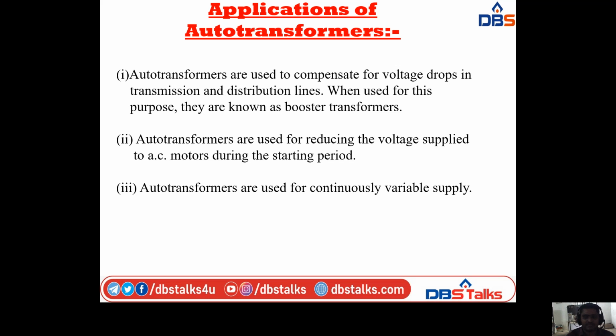Auto transformers are used for reducing the voltage supplied to AC motors during the starting period, and for continuously variable supply. So these are the different applications of auto transformers.